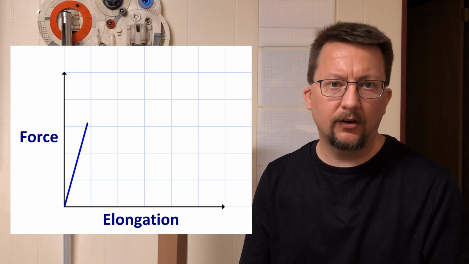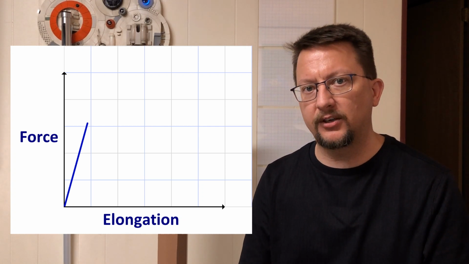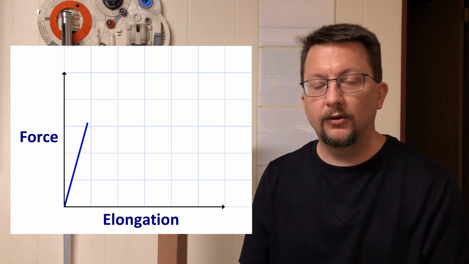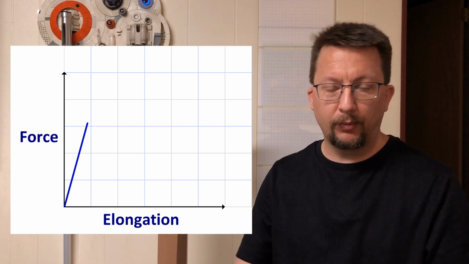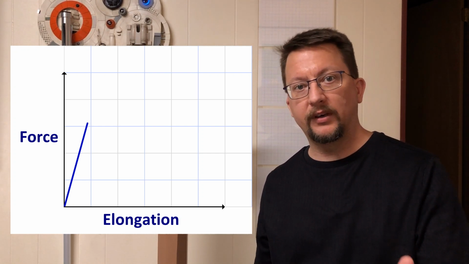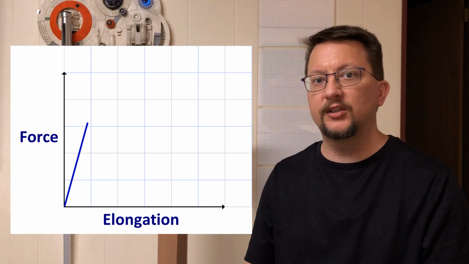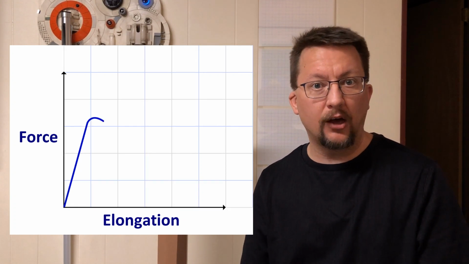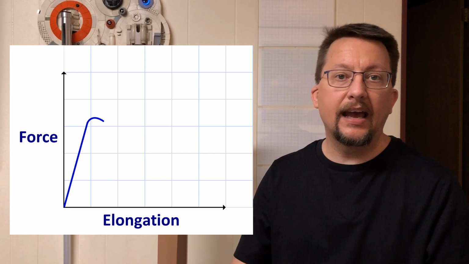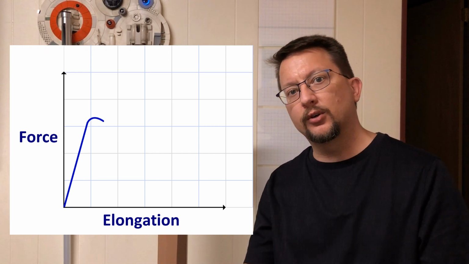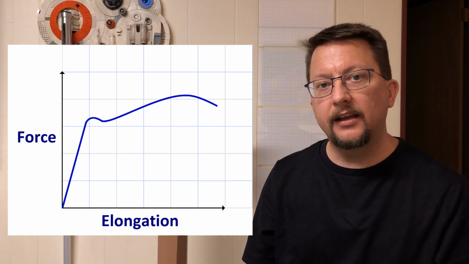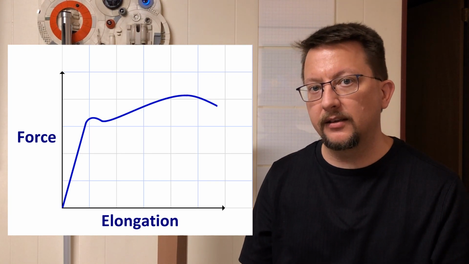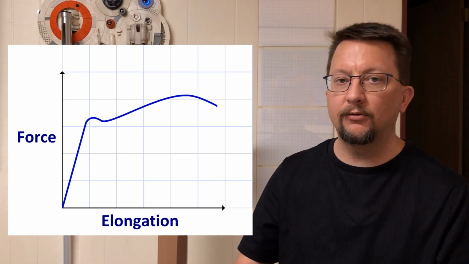And as we start to measure that, you can see that the first section of the graph is very linear. As we add force, the proportion of it is going to grow in length, and that's happening very smoothly. We get up to a point where it does that neck down, where it's starting to fail, and the curve sharply turns over, and then that work hardening takes effect, and it starts to get stronger, and it will actually hold more.